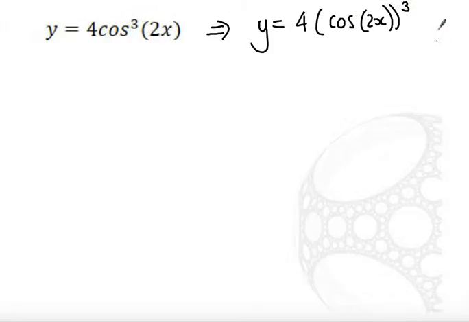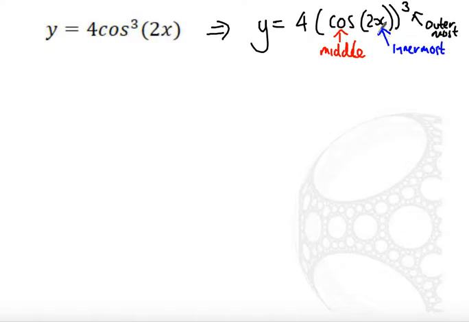So this is the outermost function. Inside here, this is another function, so this is the middle function, let's refer to it as that for the time being. And to be honest, I would be very surprised if you go any further than this. And then we have this other function, which is the innermost.